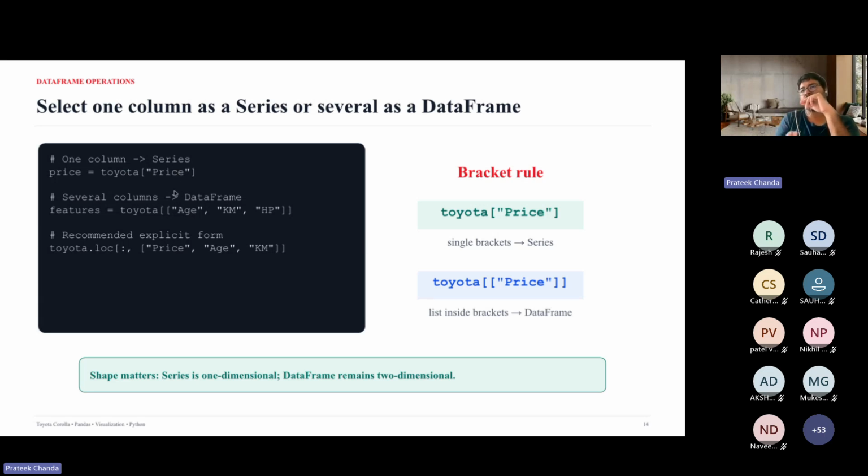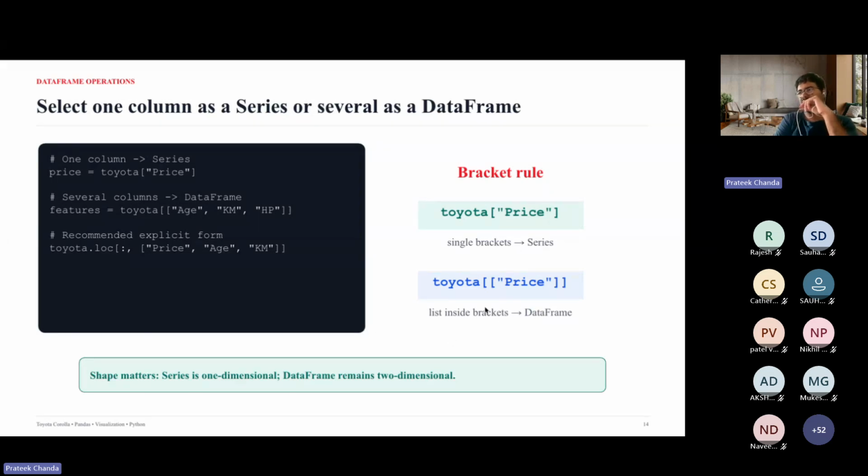Price is the name of the column. It would give me a single column from the data frame. This is typically called a pandas Series, so the data type for price is pd.Series. This is my bracket rule: single brackets give you a Series.